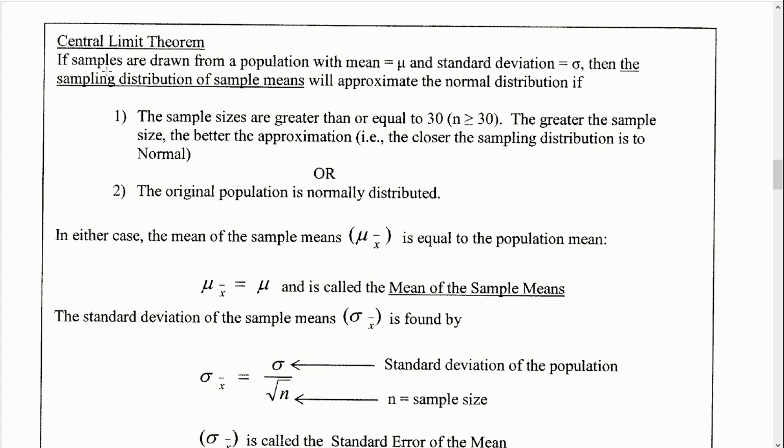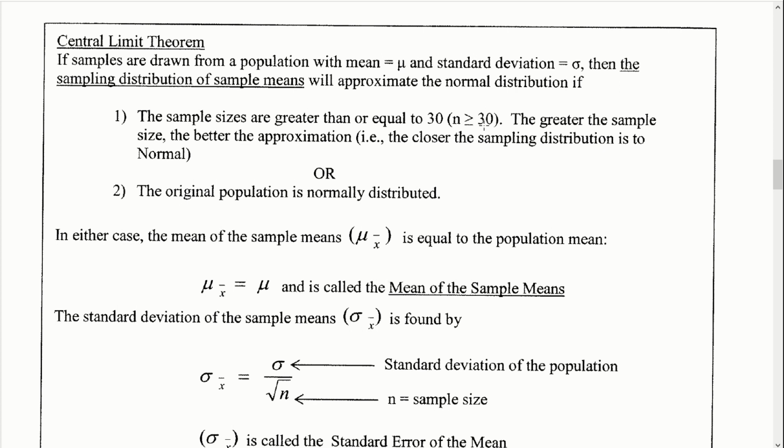So the central limit theorem states as follows. If samples are drawn from a population with a mean equal to mu and a standard deviation equal to sigma, then the sampling distribution of sample means will be approximately normally distributed if one of these two things happens. First, if the sample size is large enough, and for us that benchmark is 30 or more.